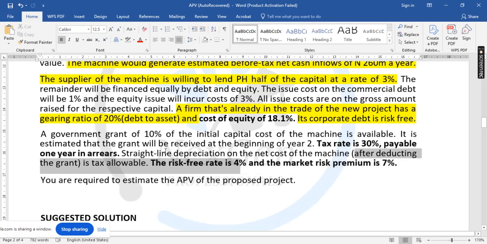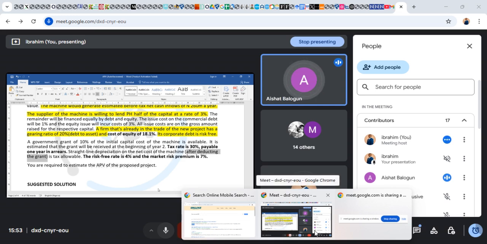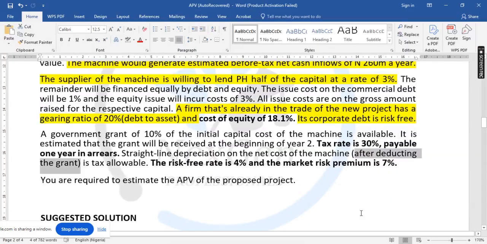After deduction of the grants, before you can charge. Okay, I'm sorry. I saw net cost. Now I think that's why. It's fine.